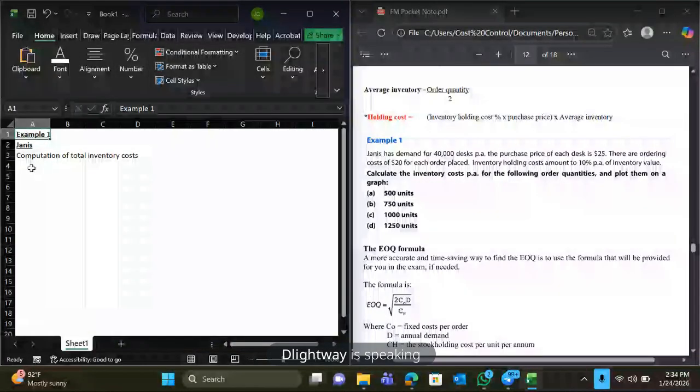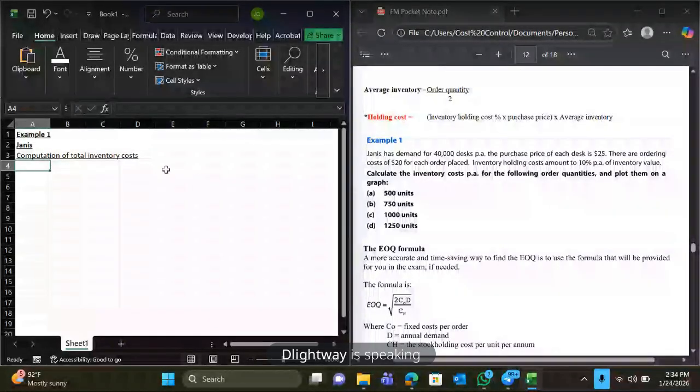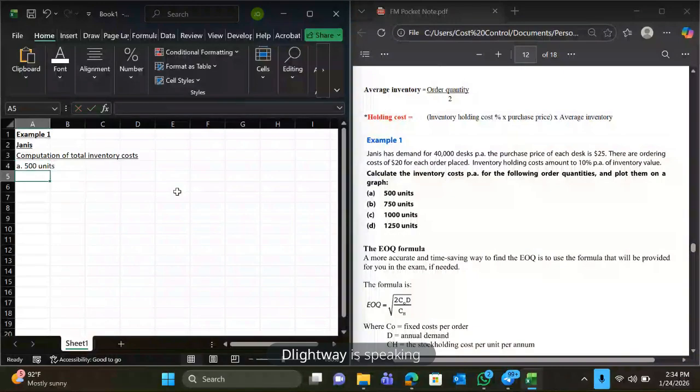So example 1, Janice, that's the name of the organization, and we're trying to compute the total inventory cost. There are different ways you can do this. You can decide to do yours in tabular format to make it easier, but let's just do it in a way that we will enjoy. 500 units, that's the first quantity.